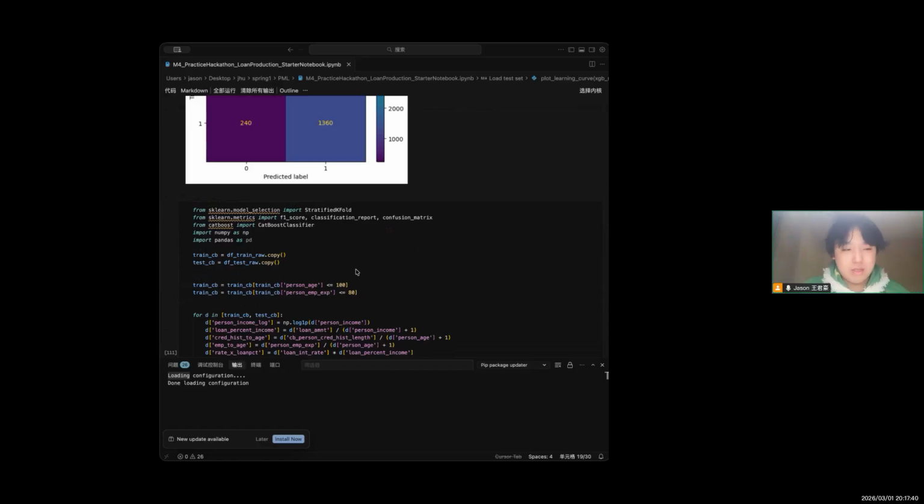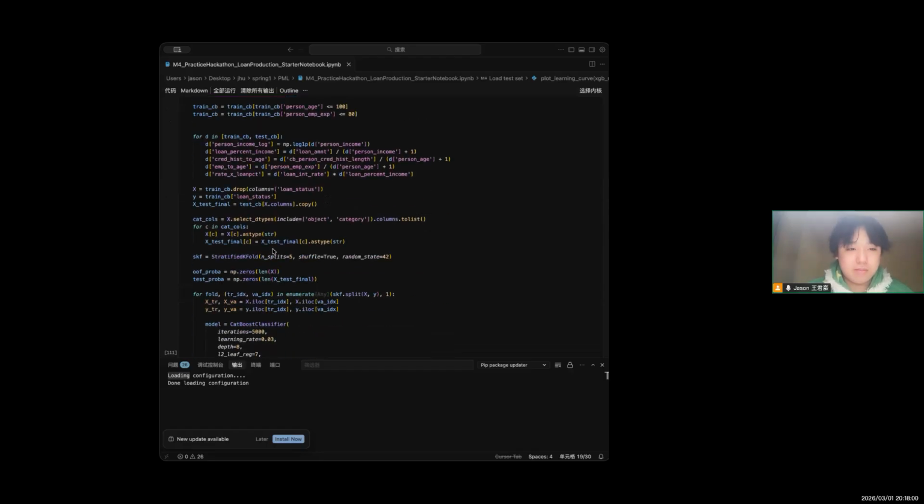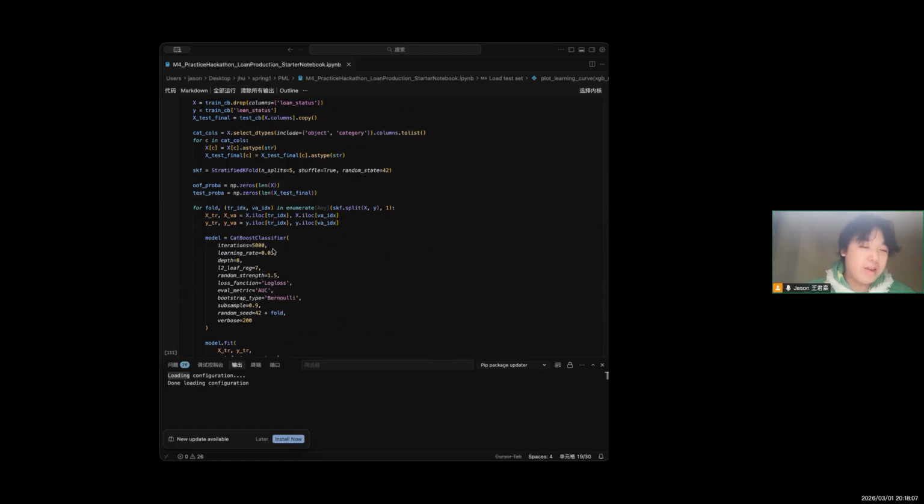LightGBM is widely used in structured data problems because it captures nonlinear relationships efficiently and handles large datasets with strong performance. Compared with linear regression, it models complex interactions automatically. Compared with deep learning, it requires less feature scaling and training time. This makes it well suited for tabular regression tasks.